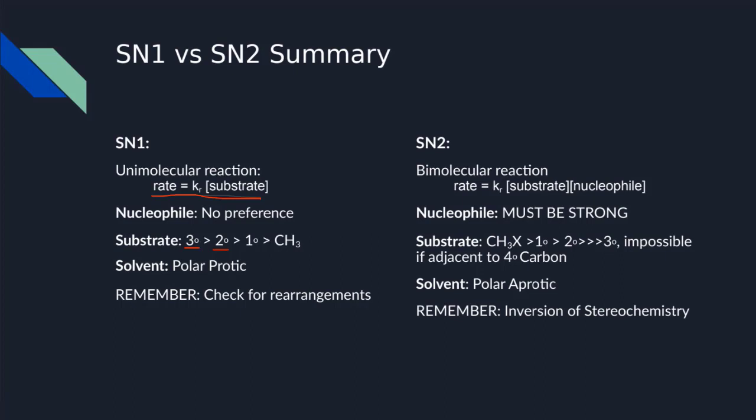In addition to this, some basic things that I did not entirely touch on are solvent. This isn't too important when choosing between an SN1 and SN2 reaction, but solvent can moderate how quickly a reaction happens. In an SN1 reaction, you're going to prefer to have a polar protic solvent, because that will help stabilize our positive charge again, right?